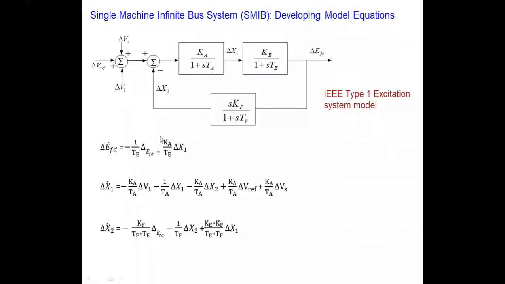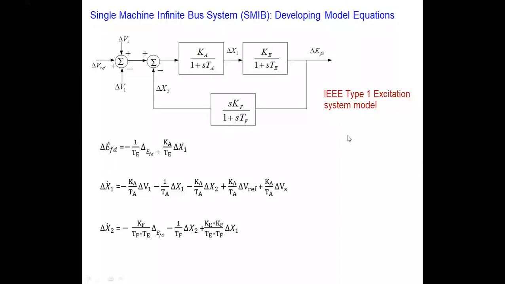And thus if you want to write down the state variables, you have delta EFD, one state variable, then another state variable out of this, and then the third state variable out of this here. So you can write down 3 state variables for the excitation system here, right?